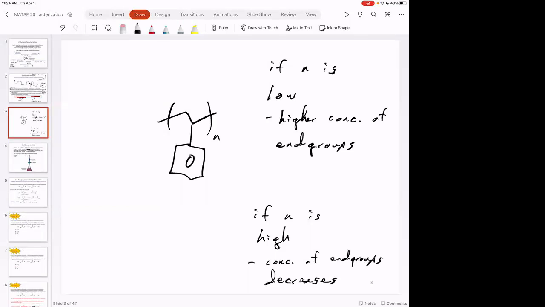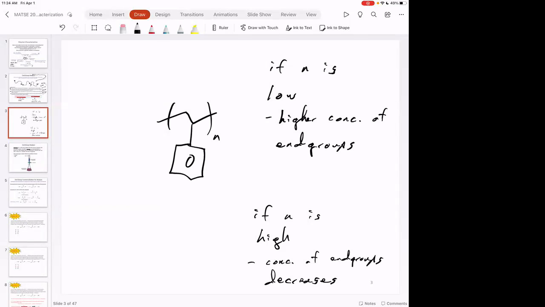It turns out that this is a key concept, thinking about how many end groups there are. Of course, we talk about it in terms of the analysis of the end groups, but it turns out that end groups can affect things like glass transition temperature, other things like that. We'll talk about that a little bit.